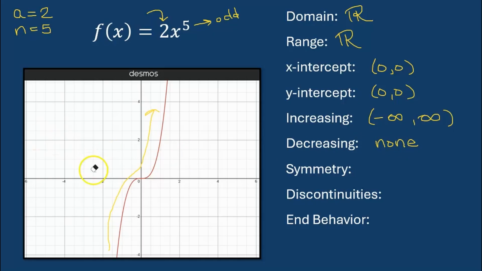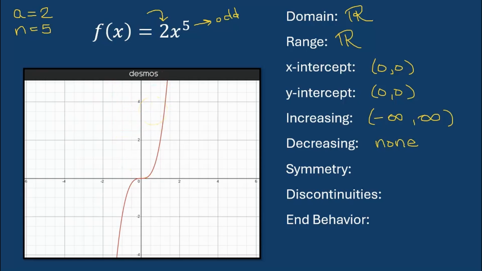Symmetry in an odd function is different than it is in an even function. It is not symmetrical about the y-axis. It is not a reflection. Remember that if we had an even function, this would be reflected about the y-axis.